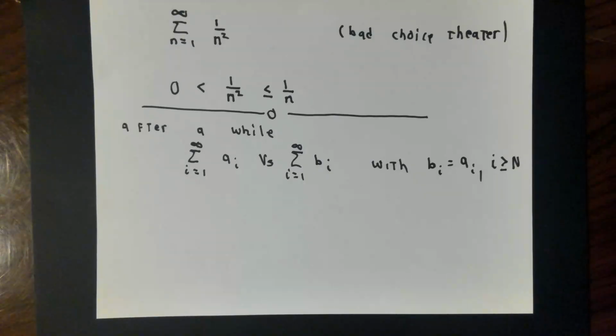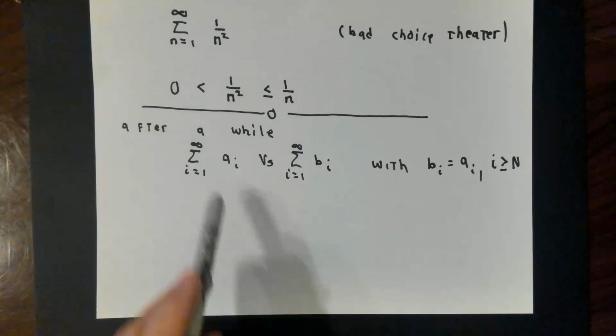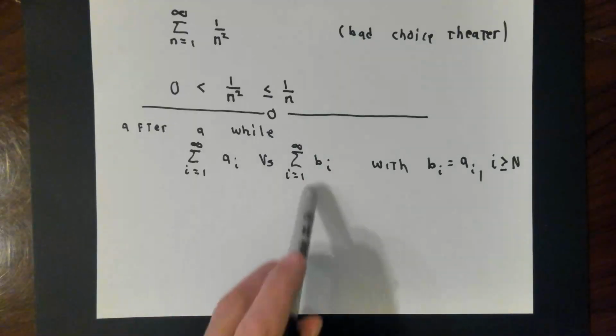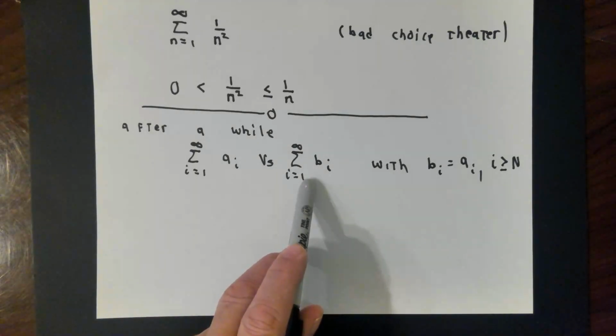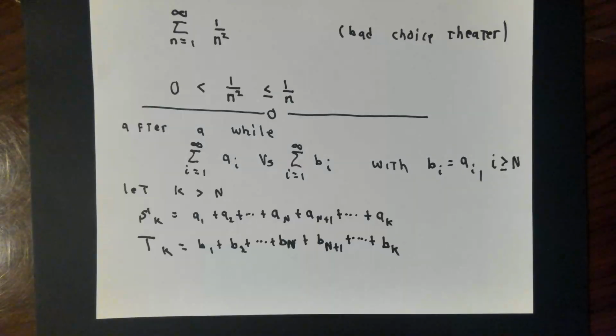I'm going to think about a partial sum for each one of these two things with some index that's larger than this capital N. I'll call the partial sums of this series capital S, and I'll call the partial sums of this series capital T. If you write out partial sums for these two things, where k again is bigger than n, S sub k will be a1 plus a2 out to an, and then more terms, a(n+1) out to wherever it is you decided to stop.